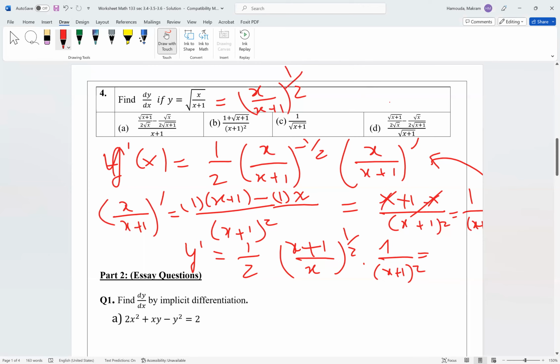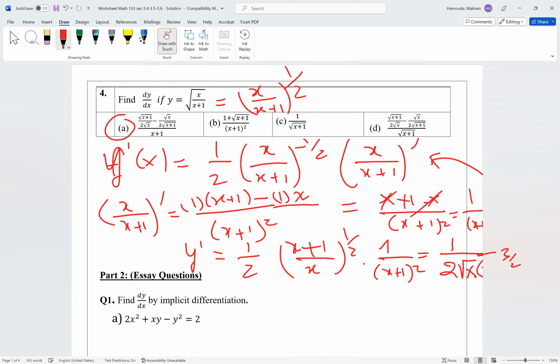So in fact, the answer is A here. Because we have 1 over 2 root x, and since this is squared and this is half, it will be like x plus 1 power 3 over 2.